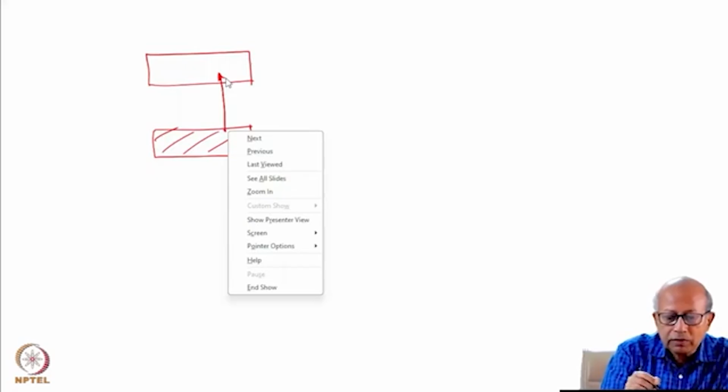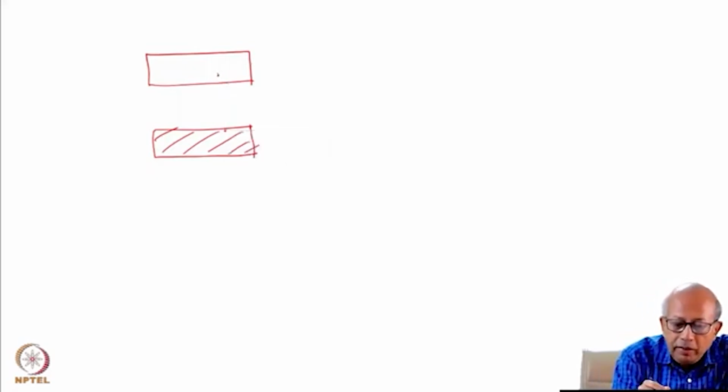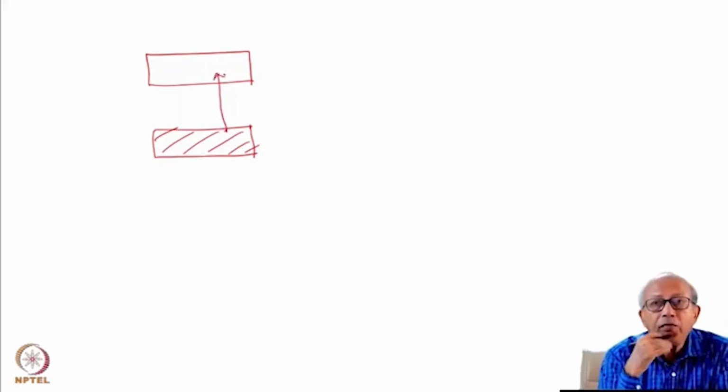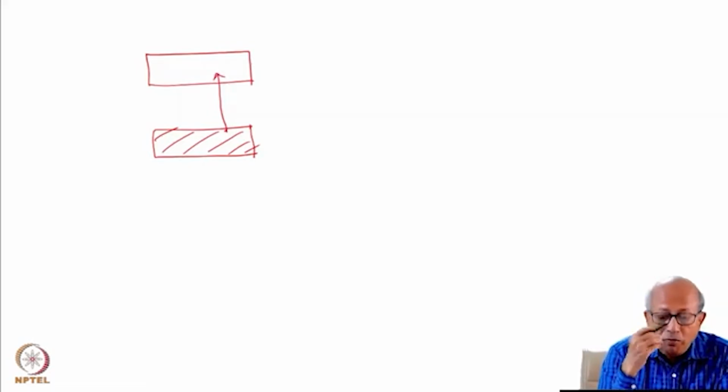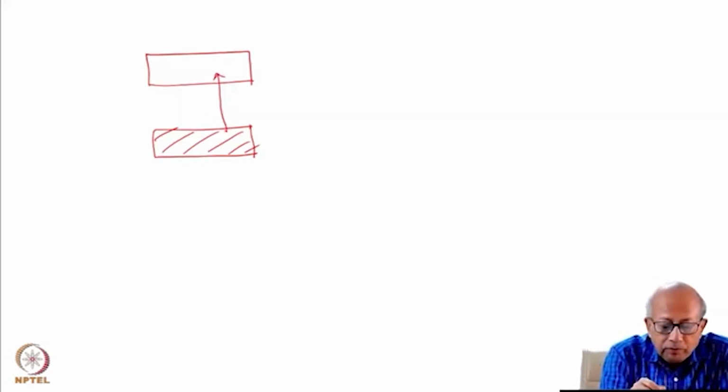Now, for this electron to be taken to the conduction band, you must be able to apply enough field so that the electron experiences enough acceleration, allowing it to move from the valence band to the conduction band.